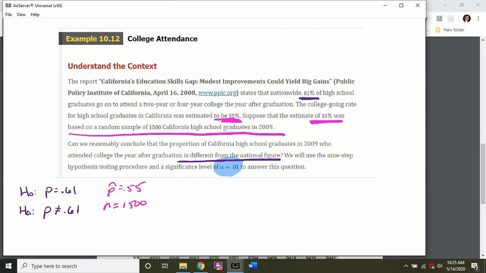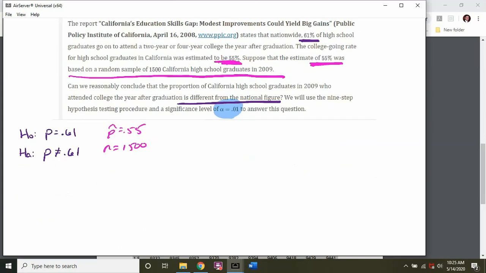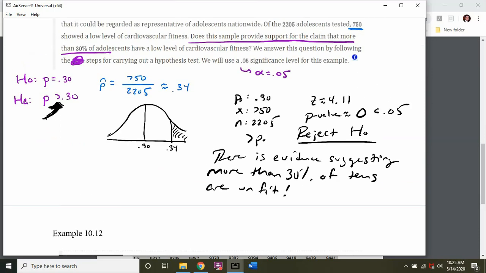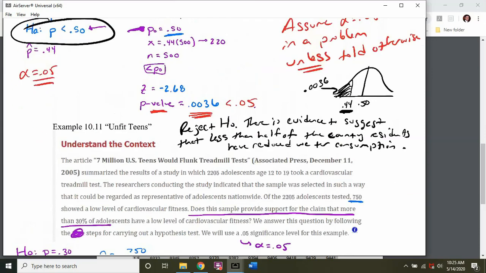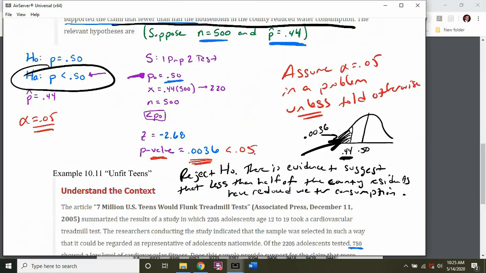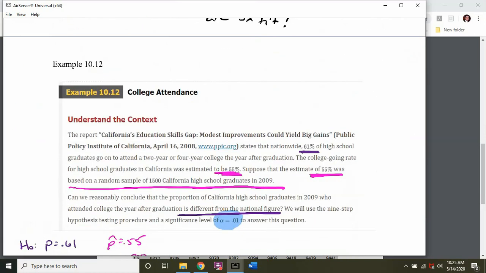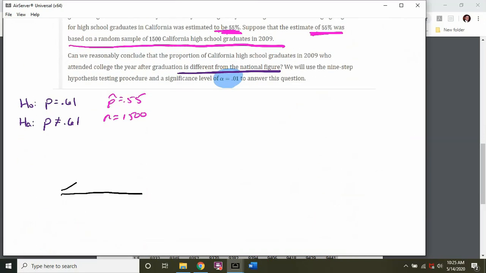Now visually, in terms of the diagram, what we're looking at here is called a two-tailed test. Everything we've done so far is called a one-tail test. We're finding the area in one tail of our normal distribution, whether the left side or the right side. When it's a not equals case, here's what this diagram looks like. Null hypothesis, 0.61. What's the likelihood a random sample will come back at 0.55 or further away?